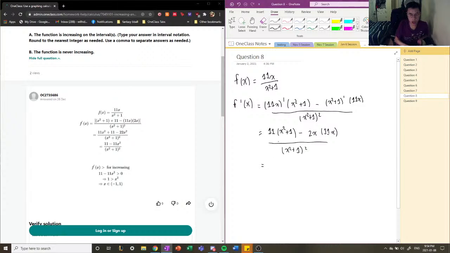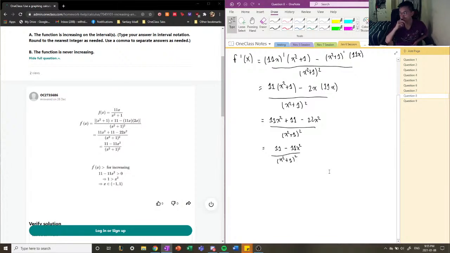So if we simplify this, we have 11x squared plus 11 minus 22x squared, divided by x squared plus 1 squared, and we get 11 minus 11x squared, divided by x squared plus 1 squared. So that's the derivative.